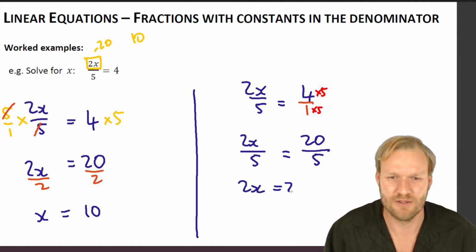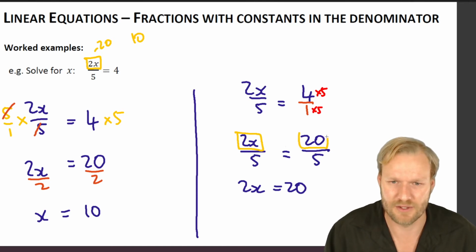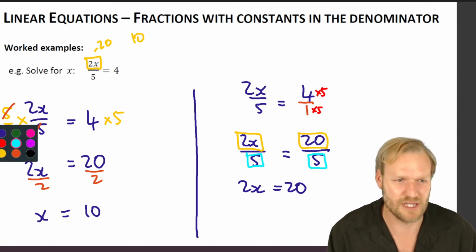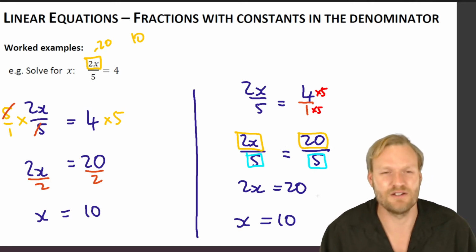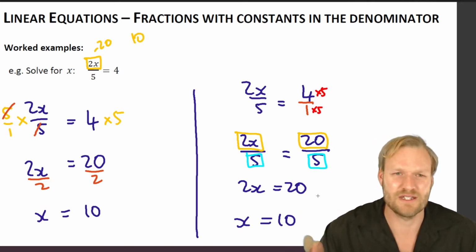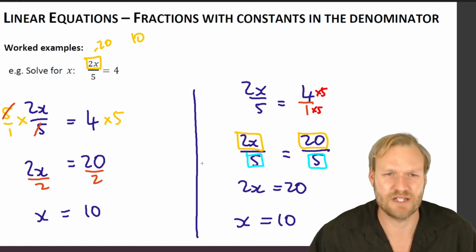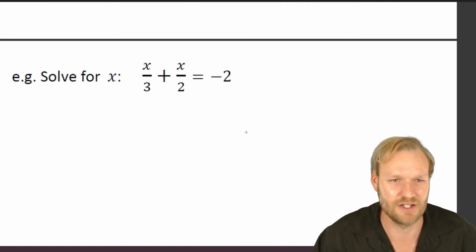So 2x must be 20, because this numerator must be this numerator, because the denominators were the same. Okay, and we get to the same answer, right? So finally, x equals 10 as it did in the first place. Either way seems as good as the other one, so go for whichever one makes more sense to you. But as I said, I'm planting seeds for future ones. So let's try another example.